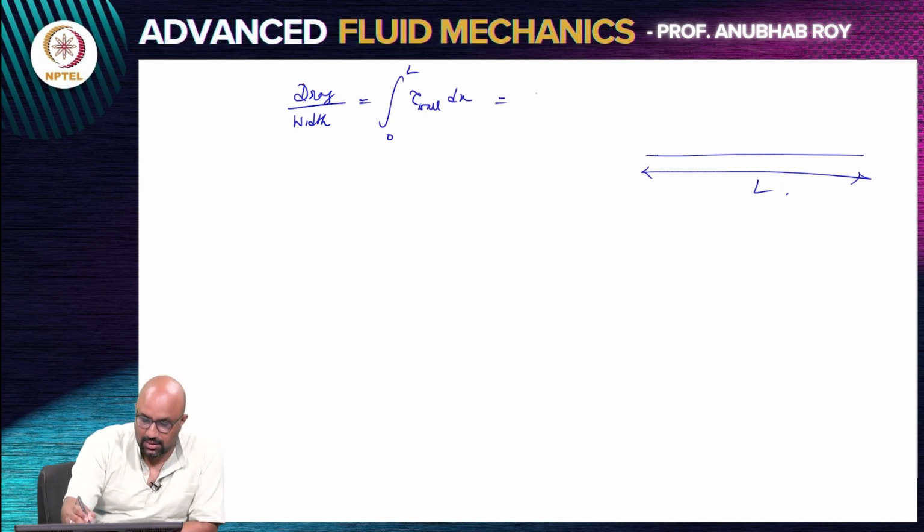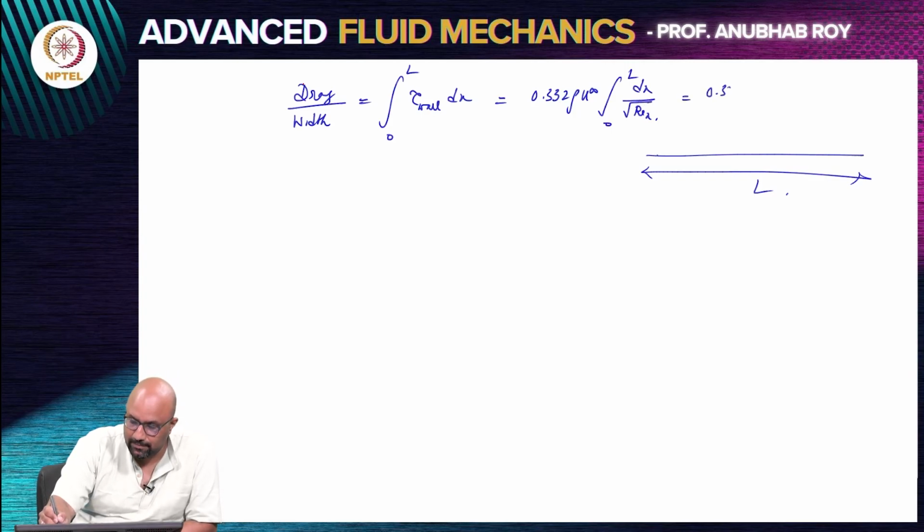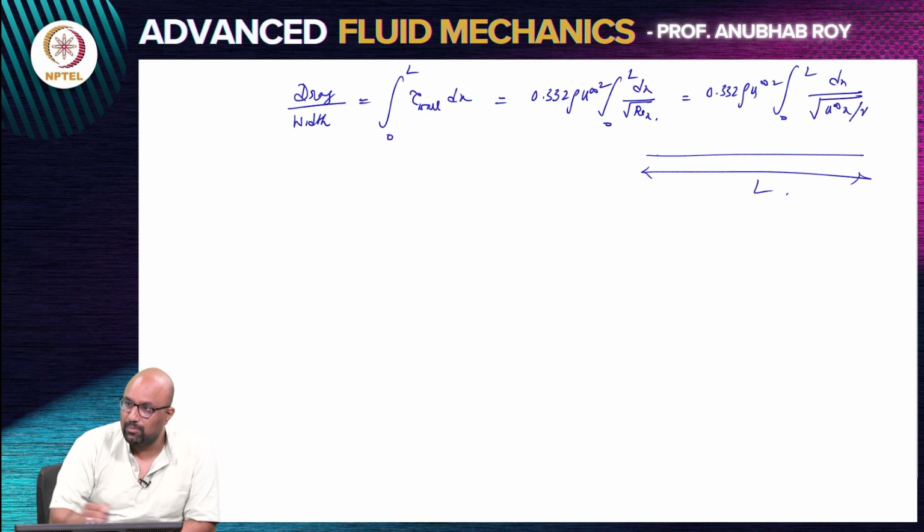So, this is 0.332 rho u infinity square, integral from 0 to L of dx by square root Rex. Now, what is Rex? Rex is u infinity x by nu.